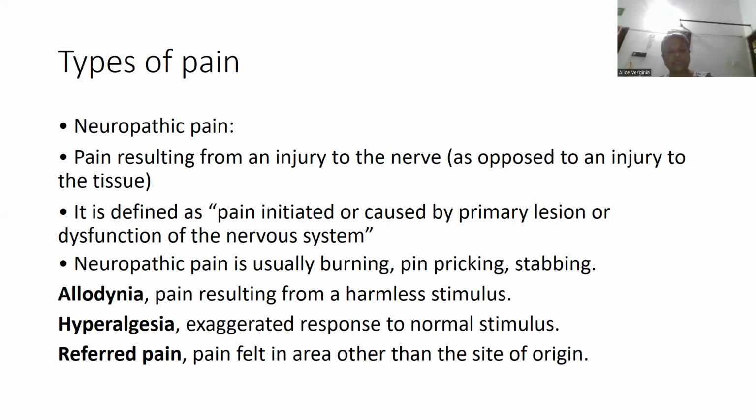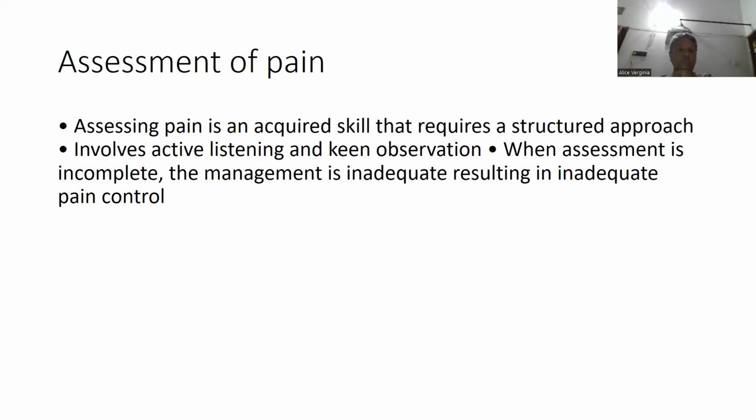That is hyperalgesia. Okay. And when we talk about allodynia, usually what doesn't give pain, but I will feel pain. So referred pain is pain felt in an area other than the site of the origin. Okay. So these are the other types of the pain.